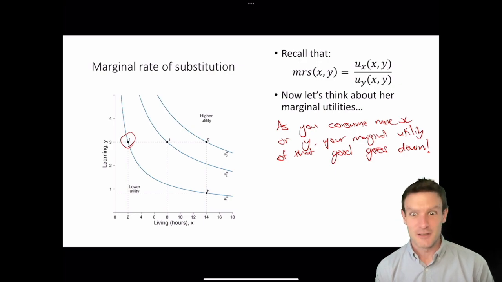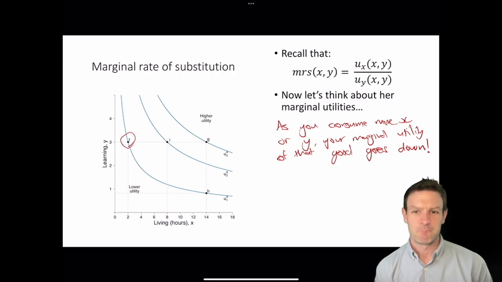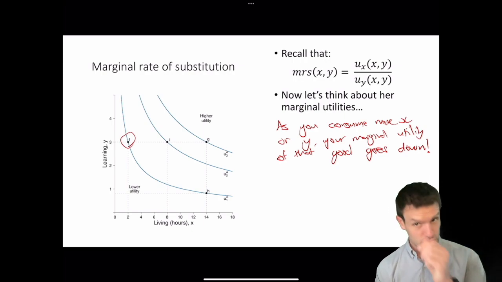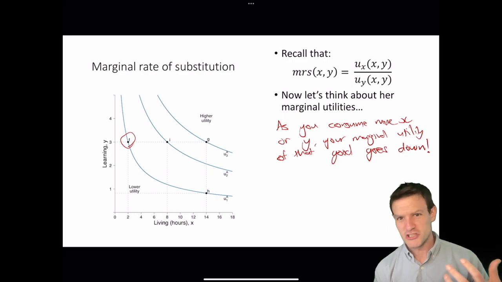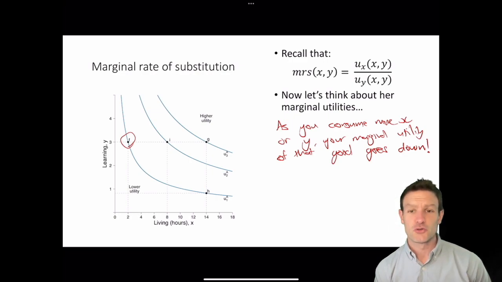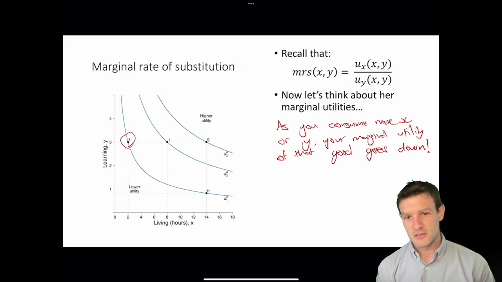Learning is also something she likes, for its intrinsic benefits, but also because studying is valuable in terms of the grades she will achieve. She likes both of these things, and that all goes into learning. Here's the thing: the more and more learning she gets, the less benefit she receives from it.